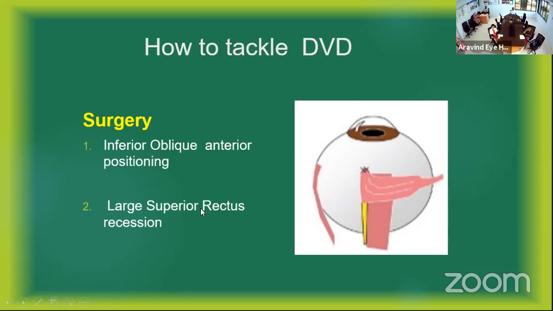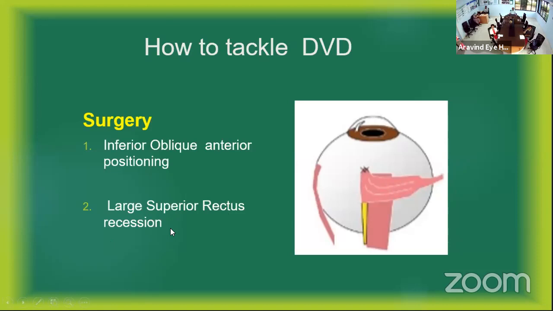If you do 4 muscles, then you will be tackling 3 recti muscles: the medial rectus, lateral rectus, and the superior rectus. In those cases, to prevent anterior segment ischemia, we use plication to save the artery from being cut, so that we only deal with 2 rectus muscles and an oblique muscle.